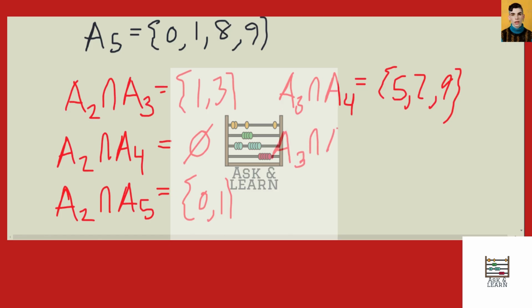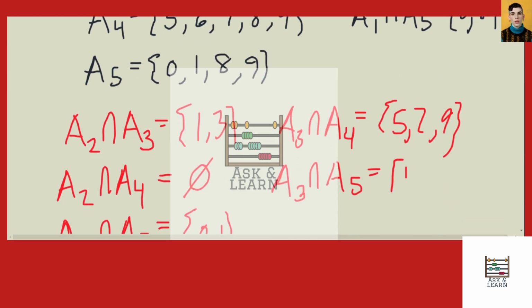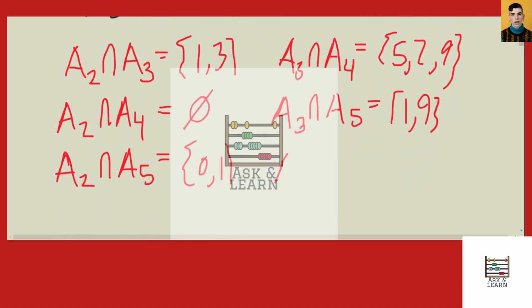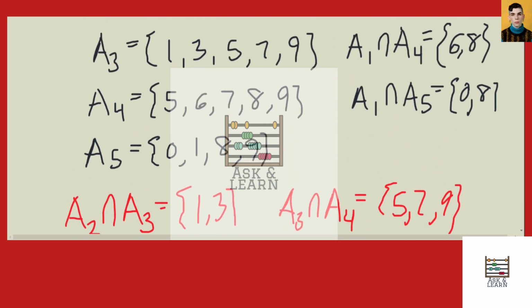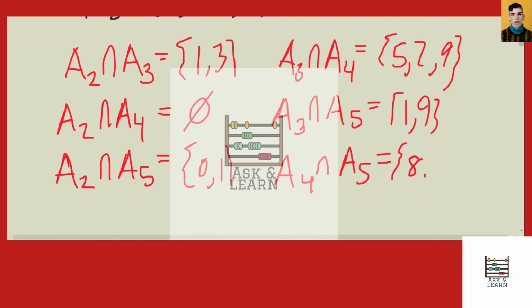A3 intersect A5. 1 is contained in both sets, and 9 is contained in both sets. So this is also non-empty. And finally, A4 intersect A5. 8 is contained in both sets, and 9 is contained in both sets. So this is also non-empty.